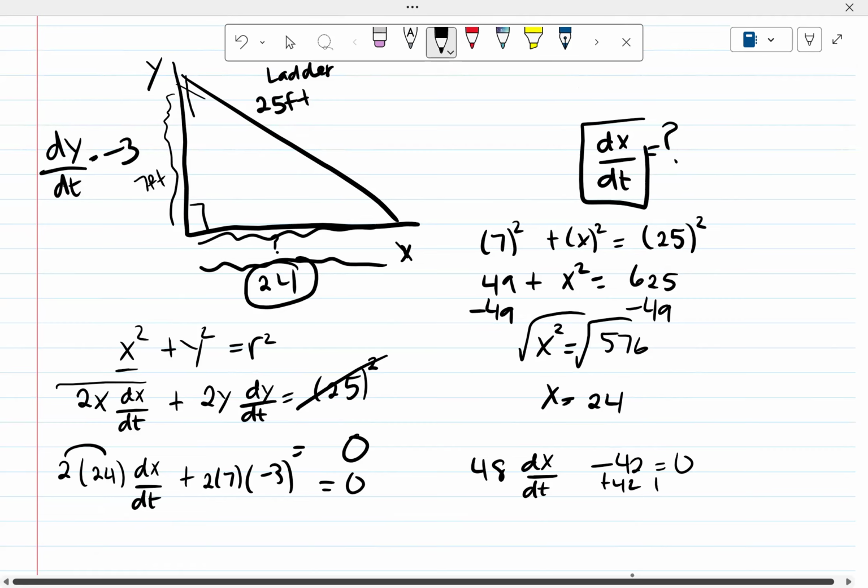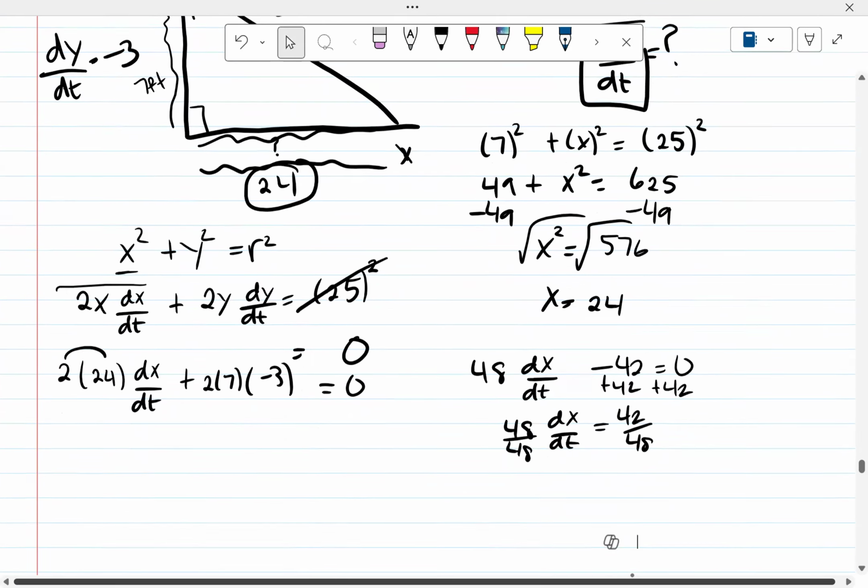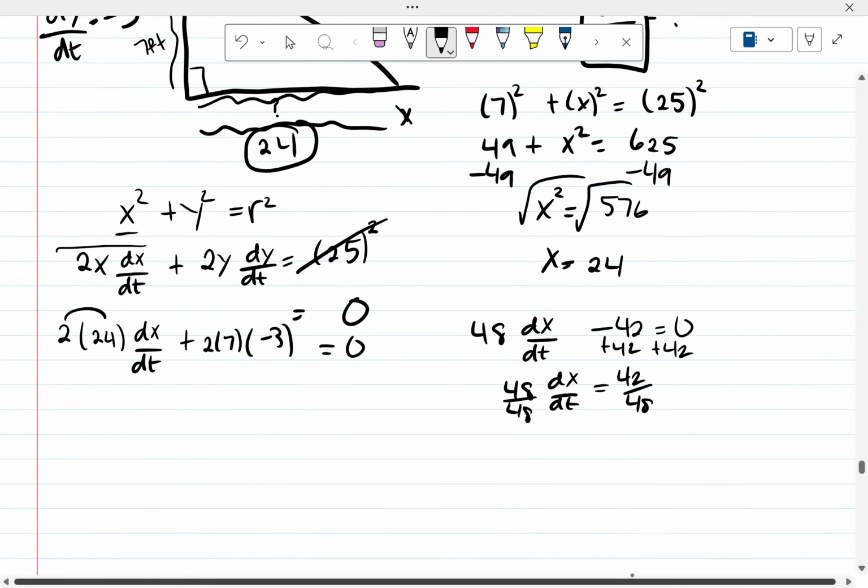Add 42, you get 48 dx over dt equals 42, and then divide by 48. And you get dx over dt is just 7/8, because 42 over 48 can be reduced by 6. So that's how you got 7/8.